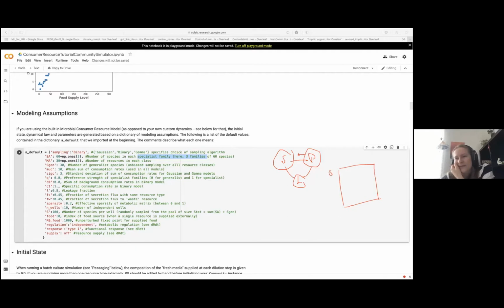This is your species, this is your resources, and in each cell for a species, you say whether the species can consume this resource and what the lambda and yields are for this specific resource, right? And basically here they want to work under the assumption that you have some clusters in your consumption matrix like this.